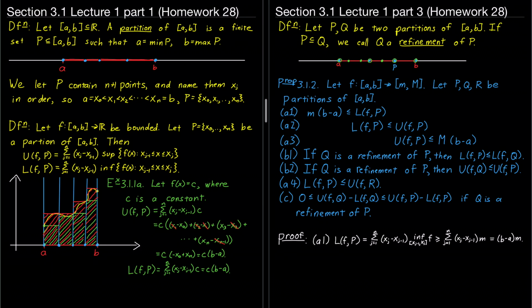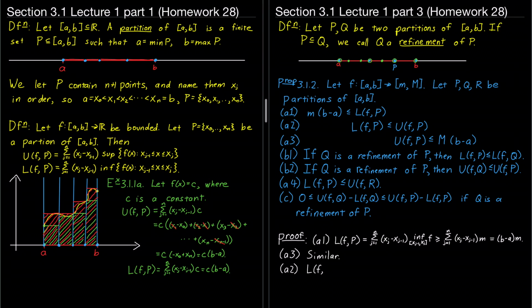This is, of course, our usual telescoping sum trick. And then part A3, I'll just note that is a similar proof. You write down the upper sum, the supremum, capital M, and you're done. A2 is a little bit more interesting. So let's write this out.